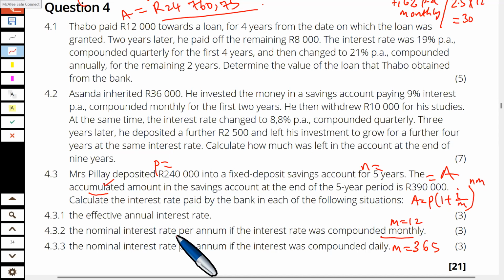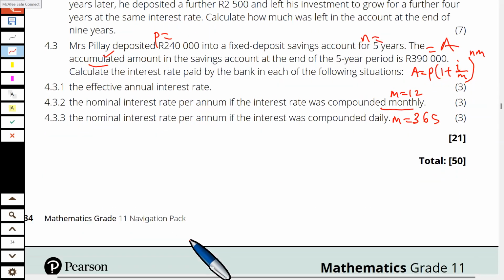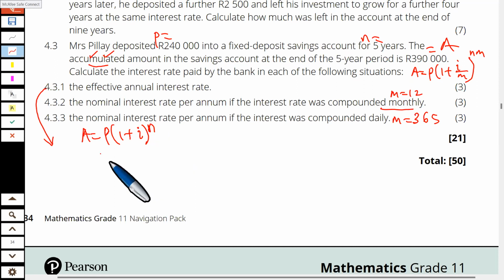Right, so in 4.3.1, you need to do it like this. Because this thing here is accumulated, so it's growing. So it's P into 1 plus i to the m, the n, we always say. Or you can use this one because it's 5 years.